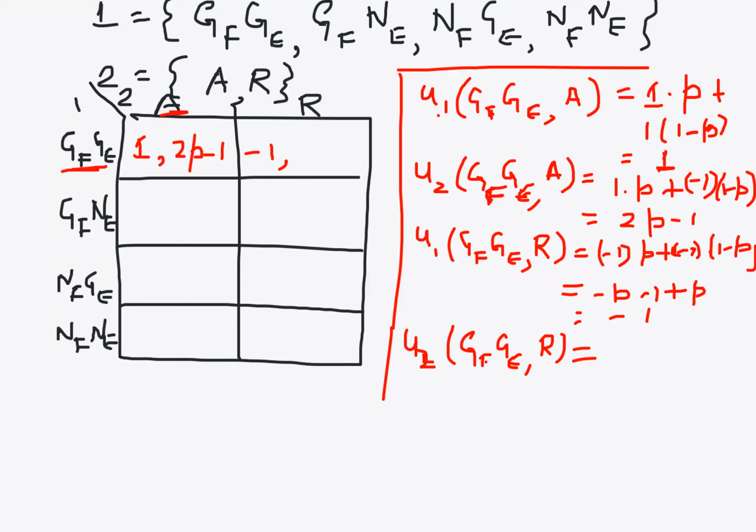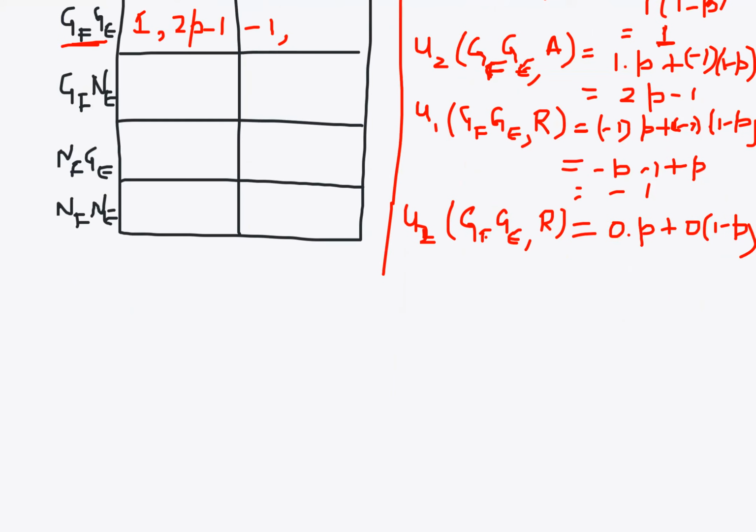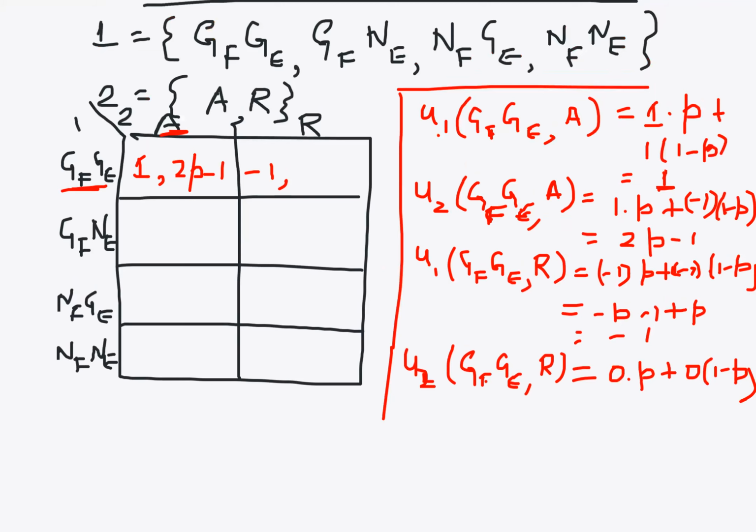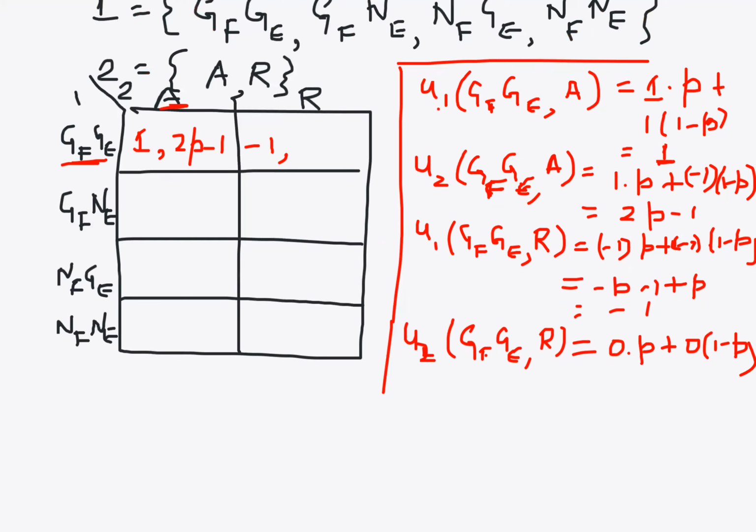So player 2, if player 2 rejects, gets 0 in both cases, right? So 0 times P plus 0 times 1 minus P. So in this case, the expected payoff is 0. So you can fill in 0 over here.